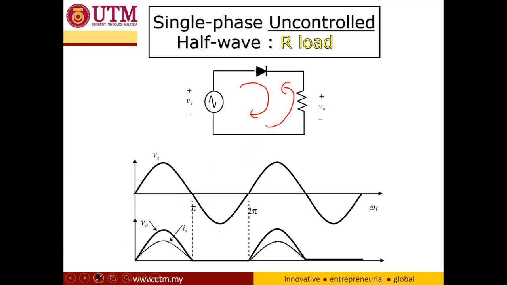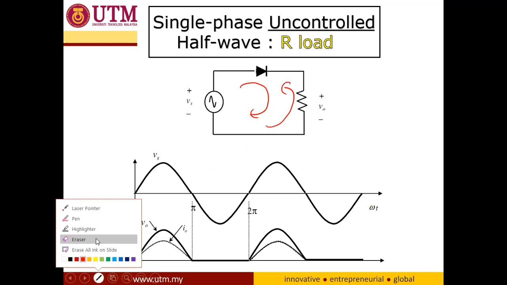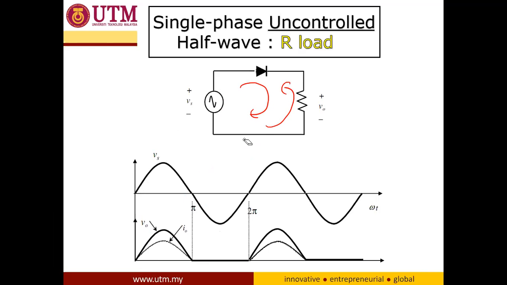So there is a condition where the circuit can be forward biased and reverse biased. The diode will be in forward bias, where the anode is positive compared to the cathode, in a positive cycle.